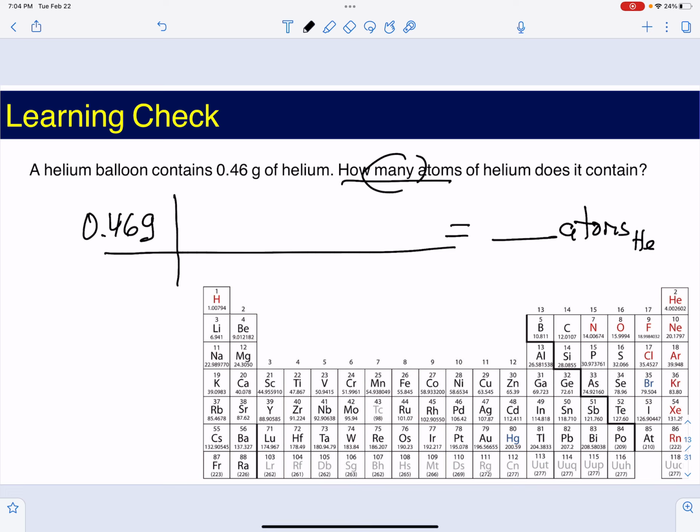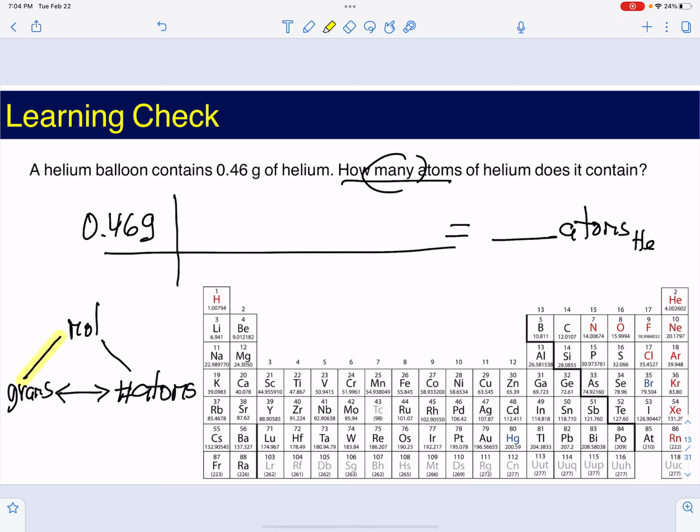So we learned that you can go from moles to the number of atoms, and you can also go from grams to the number of moles. So that tells me I should be able to go from grams to number of atoms, but I have to do it the proper way.